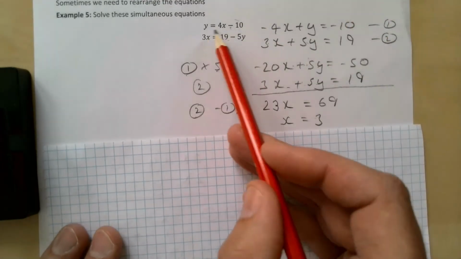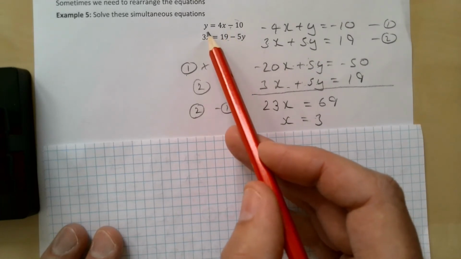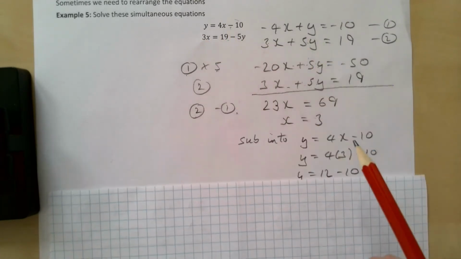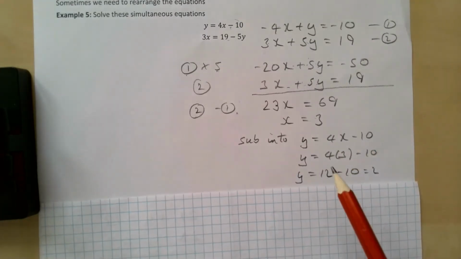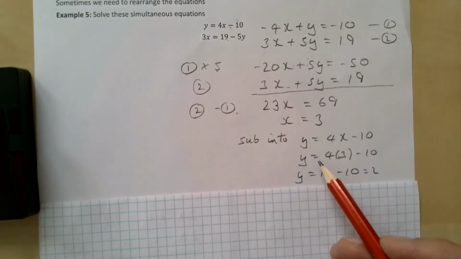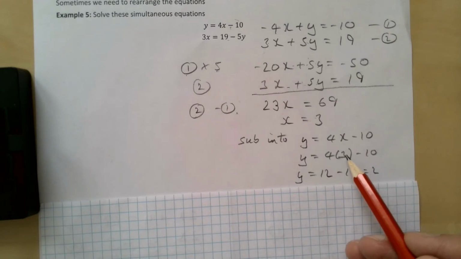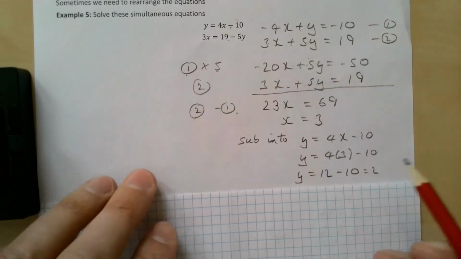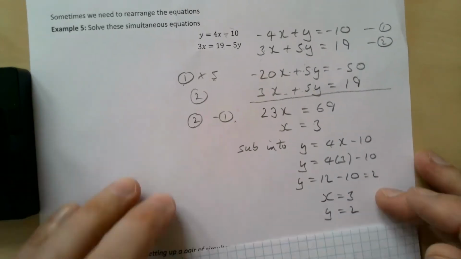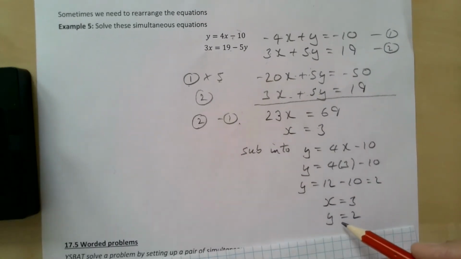Weirdly, in this particular case, this one's actually the easiest to substitute into, but whichever you go into, it'll be fine. But I'm going to substitute into y equals 4x minus 10 because I'm trying to work out the y, so it's already there for me. y equals 4 times 3, because our x was 3, take away 10, 12 take away 10 is 2, and that's me done. x is 3 and y is 2.